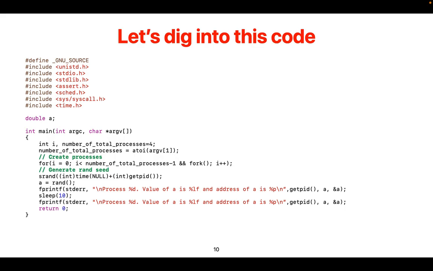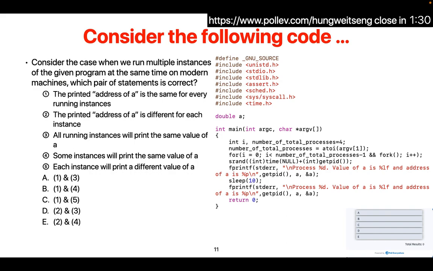We create a random number within a process, print my process ID, print the value of variable A and the memory address of variable A within this process, sleep for 10 seconds, and then come back and print it again. So right now what I'm inviting you to think about is: if I have multiple instances of this program, what would happen?